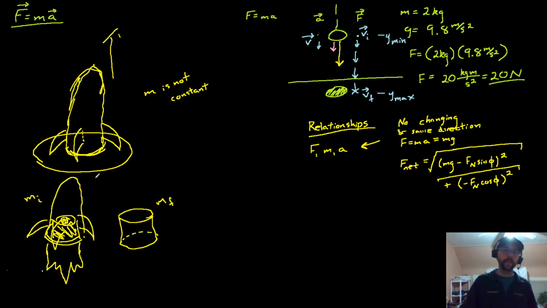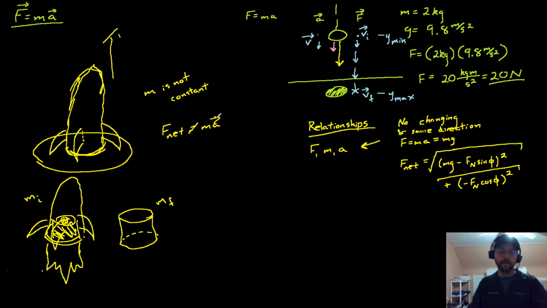So if you wanted to find the net force, I don't know if that's going to be right to say that. At any rate, you can't fully say force net does not necessarily equal mass times acceleration.